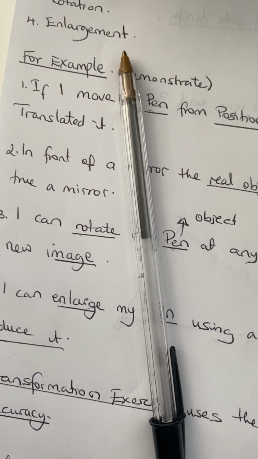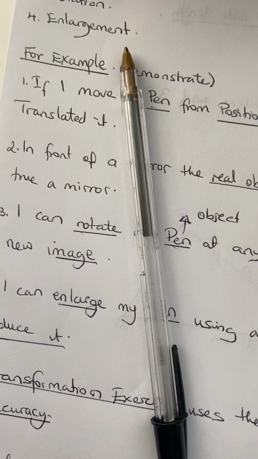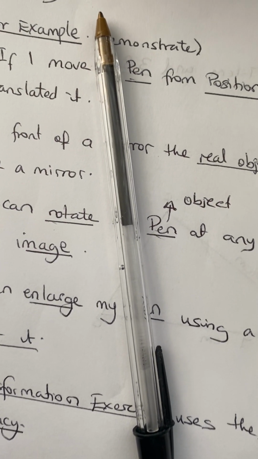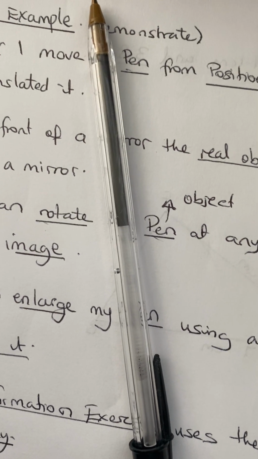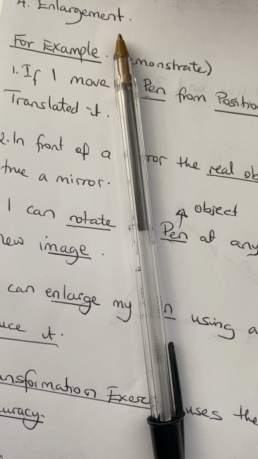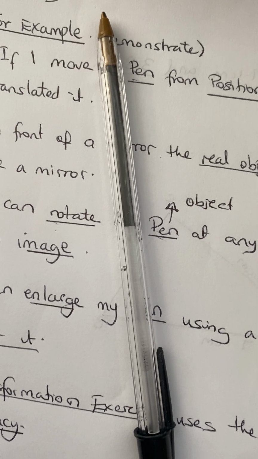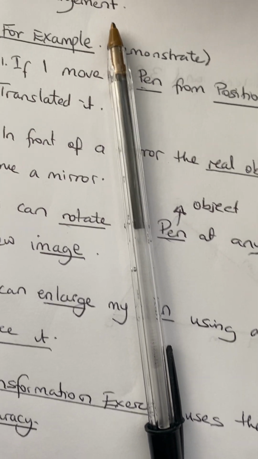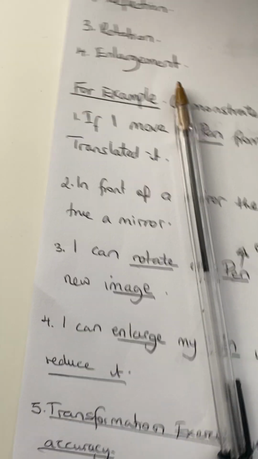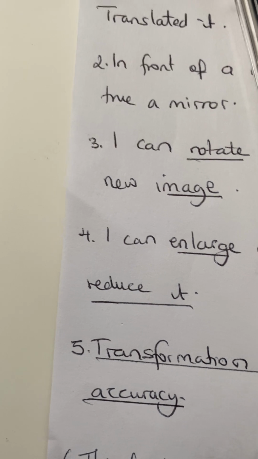So you have an object, again a triangle, a square, a rectangle, a quadrilateral, whatever it is, they will ask you to reflect it, and then they'll give you a mirror line. We'll do all that, just trying to explain to you.